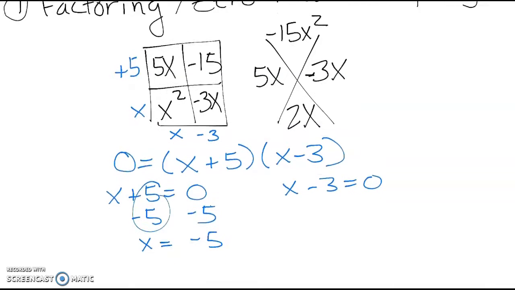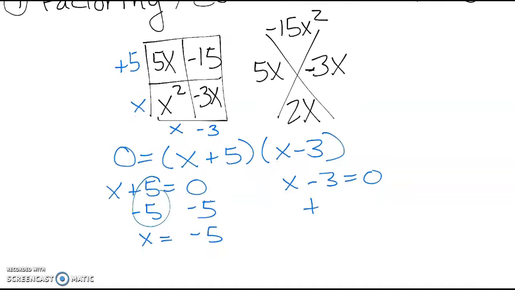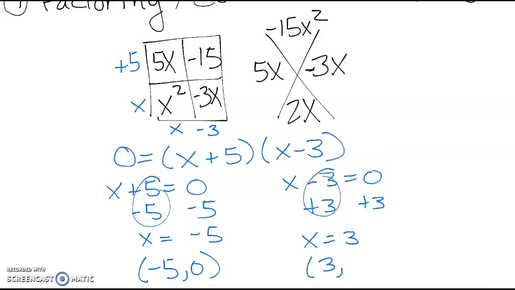So I get that x equals negative 5 and x equals 3. These are x-intercepts, so I can write them as coordinate points. I have one root or one x-intercept at negative 5, 0, and another one at 3, 0.